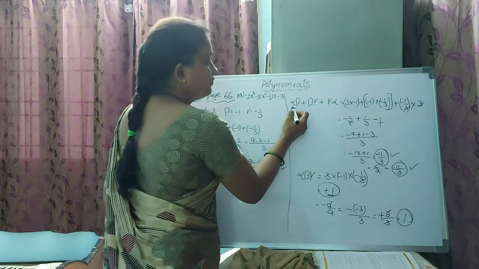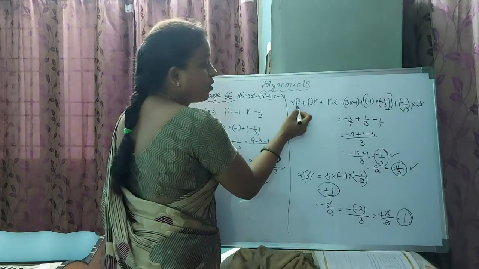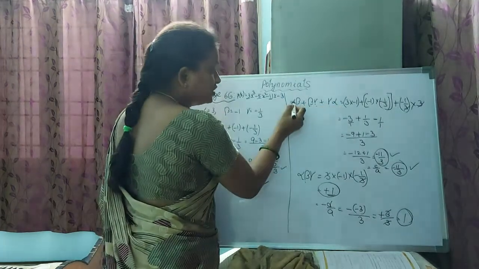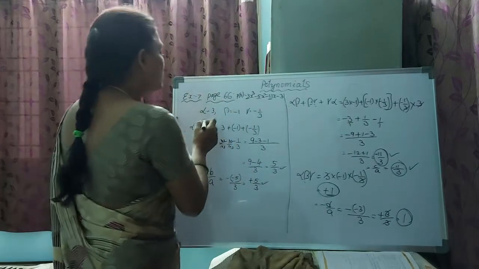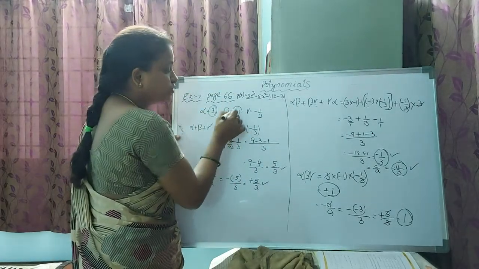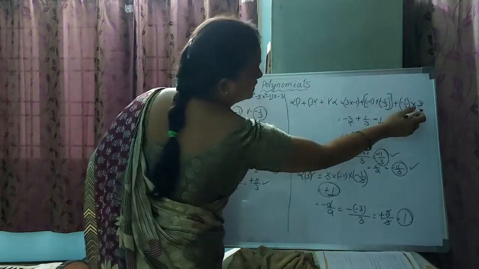See, this one I didn't explain, no? The sum of the product of these zeros, taken two at a time. Sum and product. What do you have to do? Instead of alpha, you substitute 3. Instead of beta, you substitute minus 1. Gamma means minus 1 by 3.